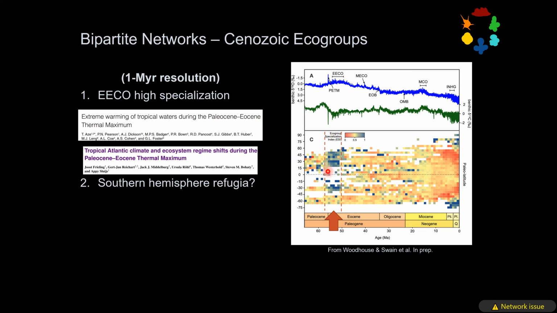However, there's also a huge gap in the lower latitudes, so it's currently not possible to give accurate latitudinal biodiversity gradients during the hothouse world of the early Cenozoic within the marine plankton.